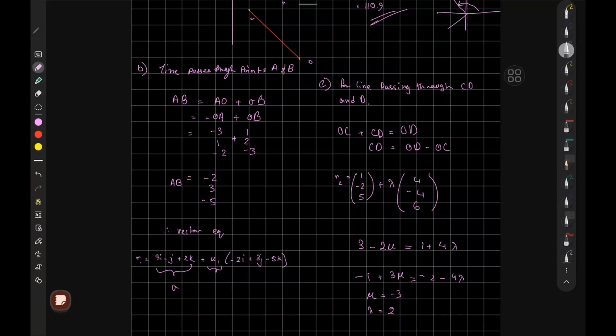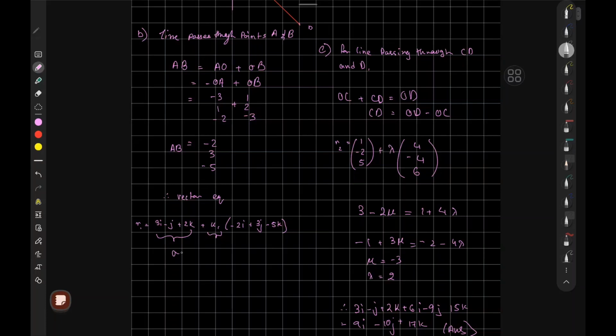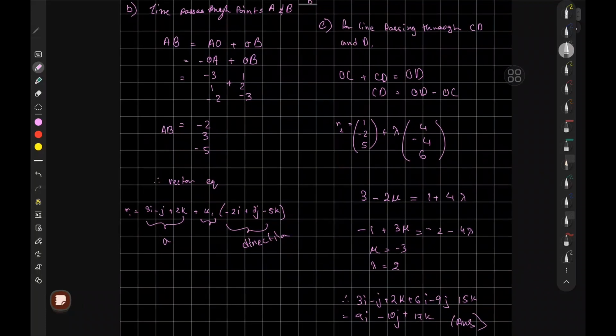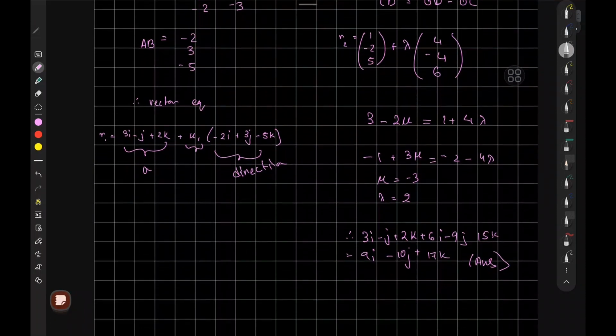This is how far you've gotten from point A. This is your direction, and mu1 is going to denote how far you've gotten from point A. Mu1 could be 1 or 1000 or infinity. You don't know the value of mu1. Mu1 is telling you how far along this direction R1 has gone.